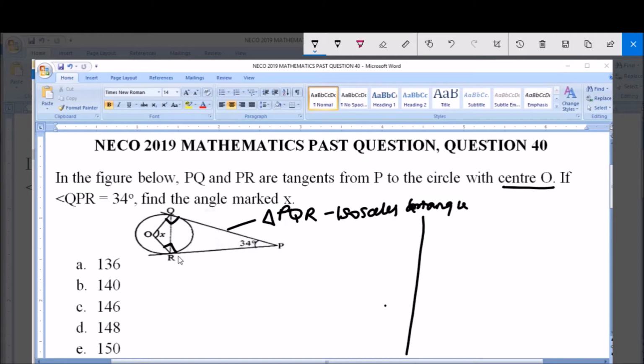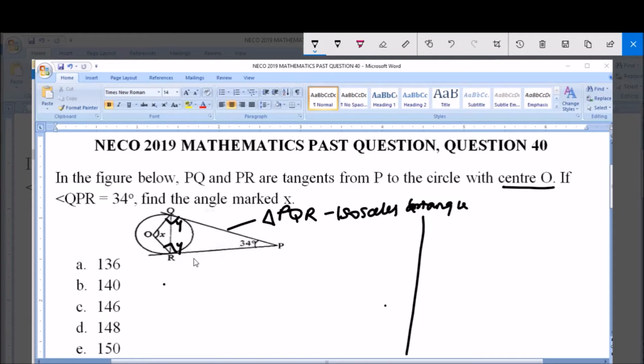The angle we are looking for now is this angle. Let's call this angle Y, and here too will also be equal to Y. Why? Because the base angles of an isosceles triangle are equal.